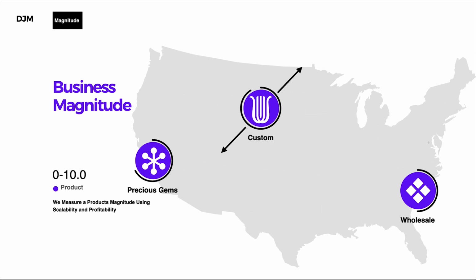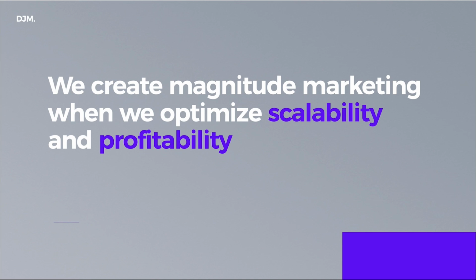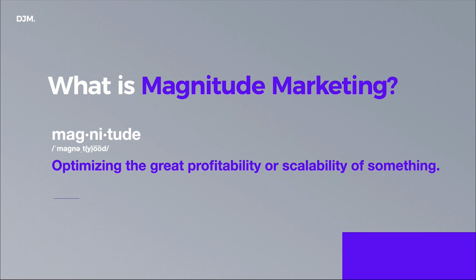And we'll get into exactly how to create a perfect offer later on, how you can leverage these things with your perfect offer, the way that you're filling the gap for your clients, and how it is that you can seriously take advantage of gaining both scale and profitability for your products and your business. So we create magnitude marketing when we optimize scalability and profitability. So magnitude marketing, as a definition, is optimizing the great profitability or scalability of something.